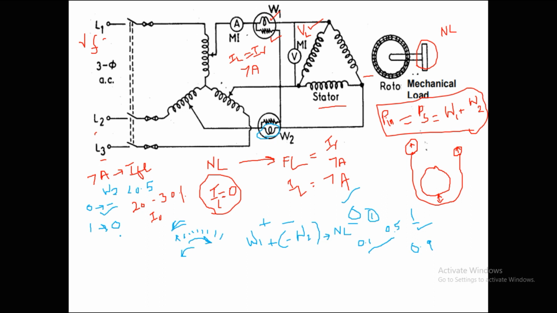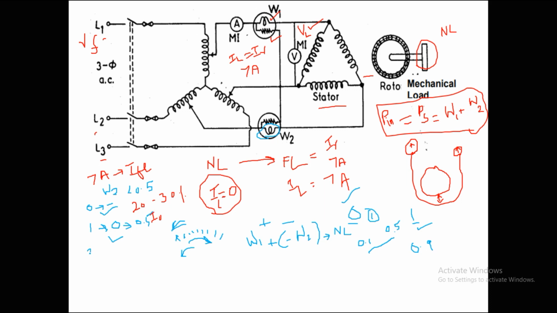So we are re-interchanging the terminals of the current coil in wattmeter 2. So again we are interchanging. So this is going to read zero value. You can say at this junction the power factor of the induction motor will be exactly 0.5.